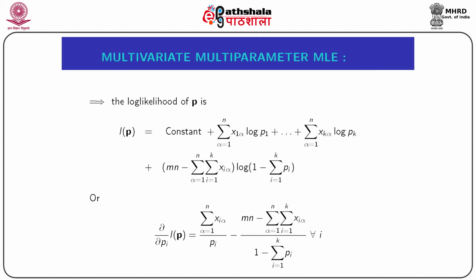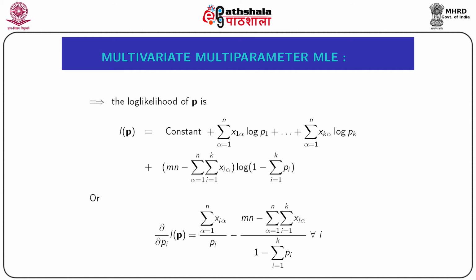This implies the log of the likelihood of p curl is small l of p curl equal to constant plus log of p1 times summation alpha from 1 to n x1 alpha plus etc., plus log of pk into summation alpha from 1 to n xk alpha, plus log of 1 minus summation i from 1 to k pi times mn minus double summation of xi alpha.